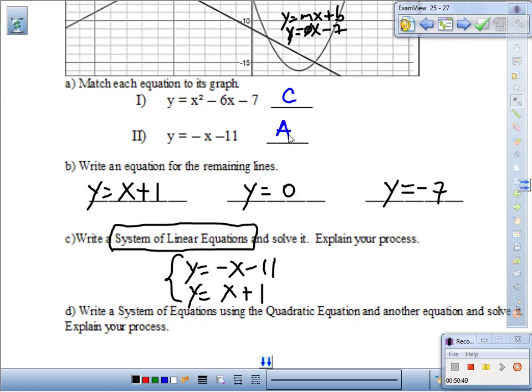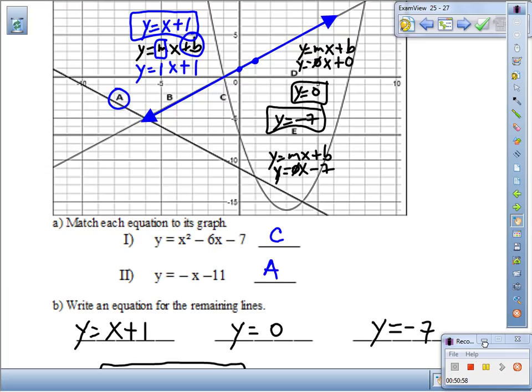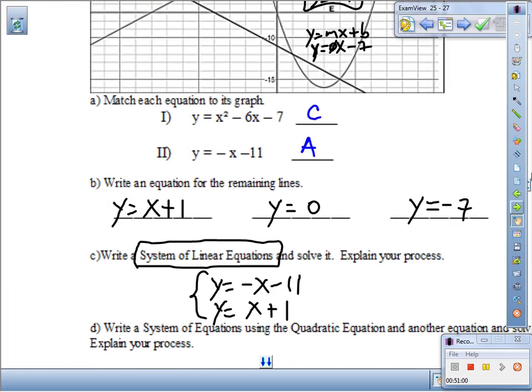So she chose A, and she chose, what was this one? B. B, okay. All right. So we're going to solve this. Explain your process. Which process would you like to use to solve that one? Talk it over with your neighbors, please.